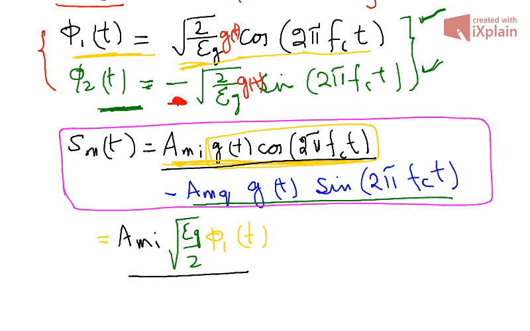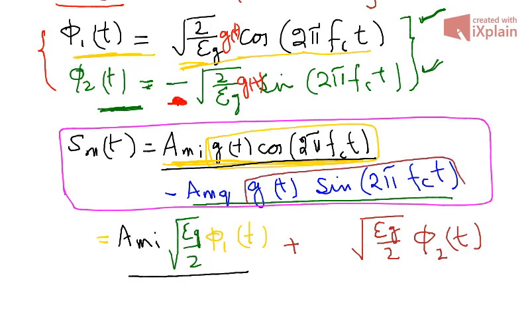So for phi2 of t, I can write a plus here, because the negative sign will already appear in phi2. Now I can just multiply my phi2 with square root of Eg over 2 and I'll get this thing. This is the same as this part. Now we are left with AMQ, so I'll write AMQ here.